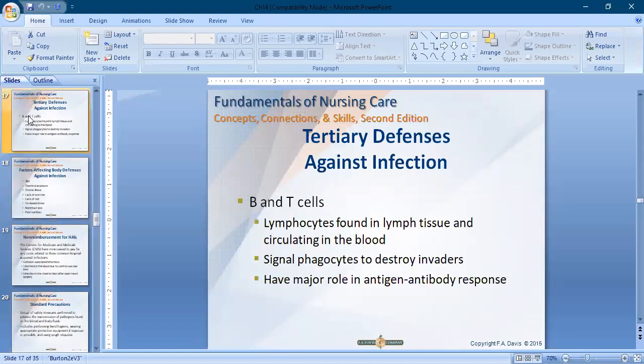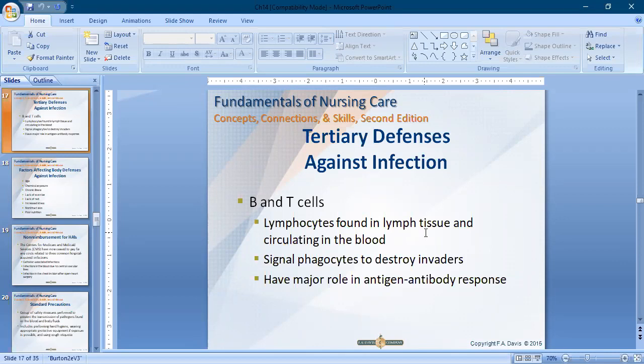Now, the immune cells that participate in the body. One is called the B cell, another the T cell. They are immune cells, B lymphocytes and T lymphocytes. Lymphocytes are found in the lymph nodes, a special tissue in the body.